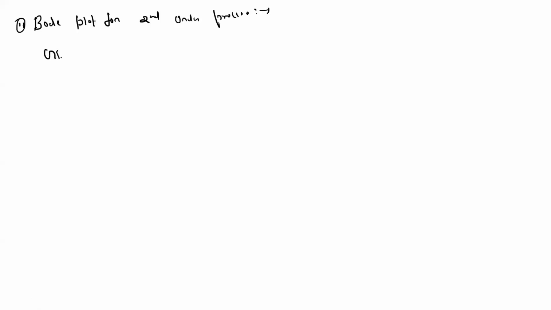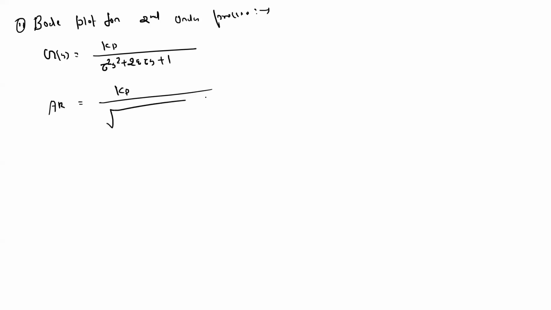So the second order process looks like this: Kp upon tau squared s squared plus 2 zeta tau s plus 1. And the amplitude ratio for the second order process is equal to Kp divided by the root over (1 minus tau squared omega squared) whole squared plus (2 zeta tau omega) whole squared, right?